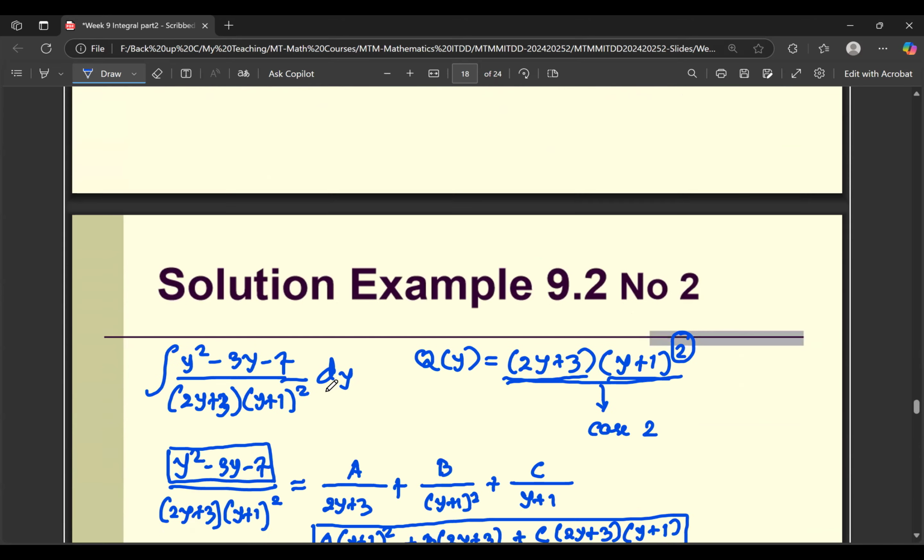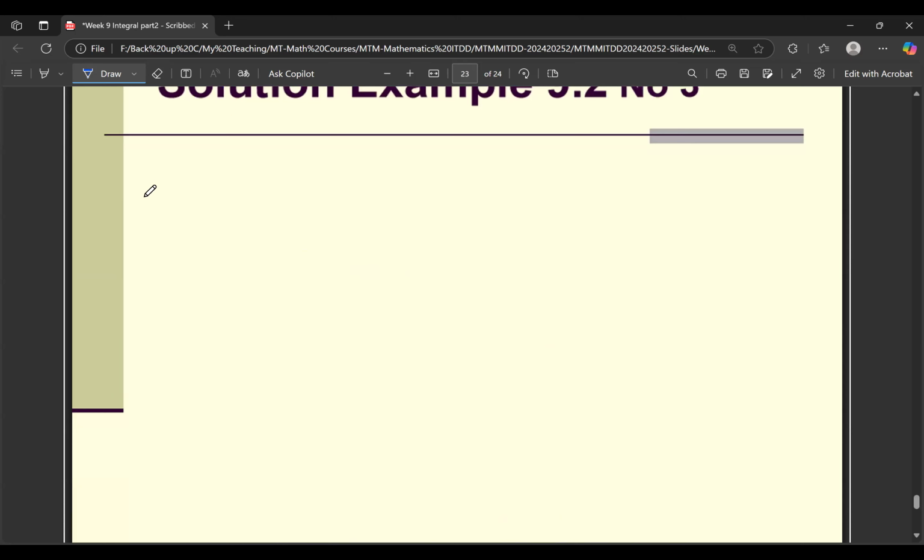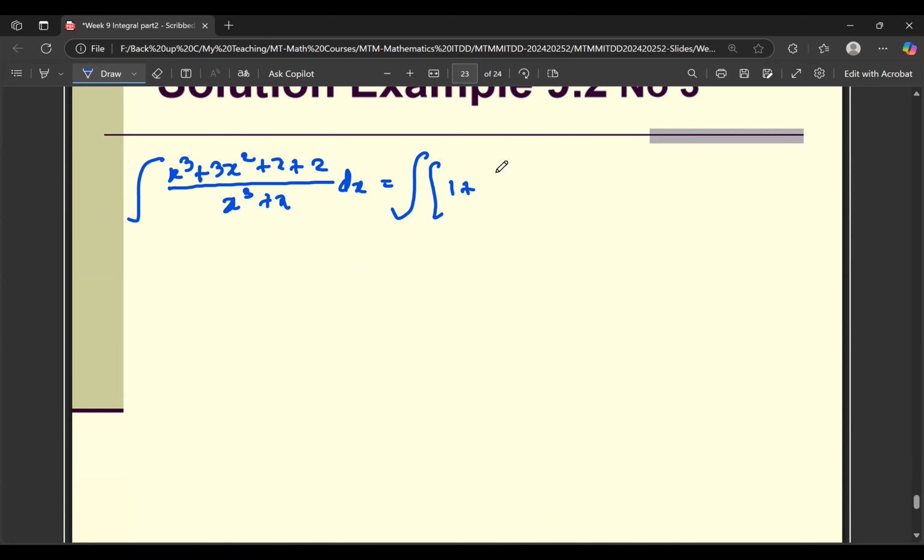Our integral for number 3 should be like this: x cubed plus 3x squared plus x plus 2 divided by x cubed plus x dx becomes the integral of 1 plus 3x squared plus 2 divided by x cubed plus x dx.